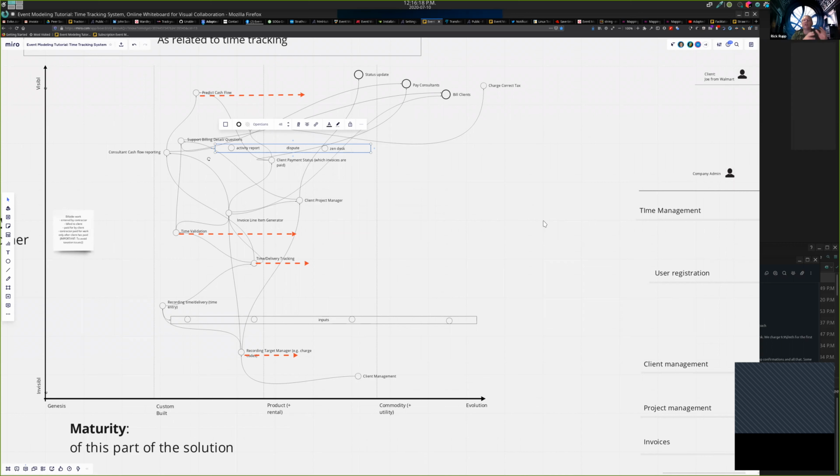So there's this reconciliation reporting for us to support them. Because we don't pay them when they bill us for the work, we pay them when the client's paid, right? So there's a reconciliation report for the consultant that we need to put on here. That's core to our business.